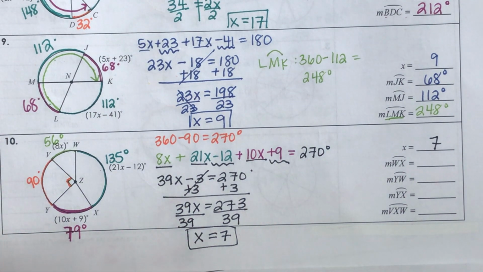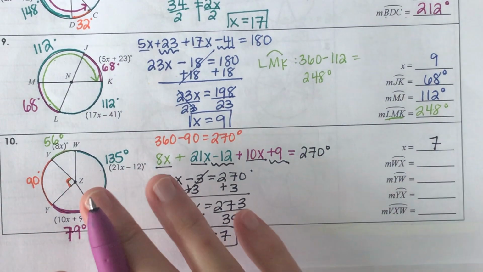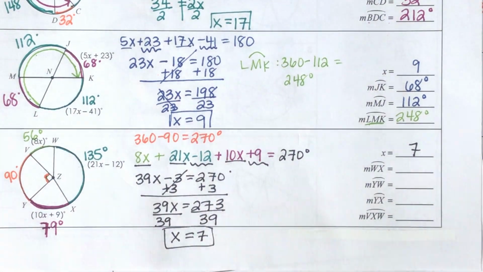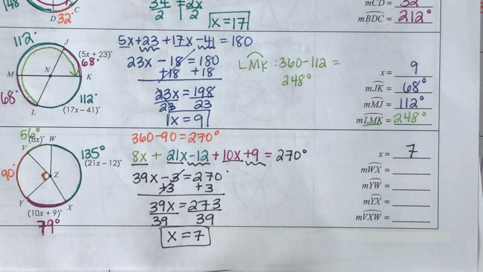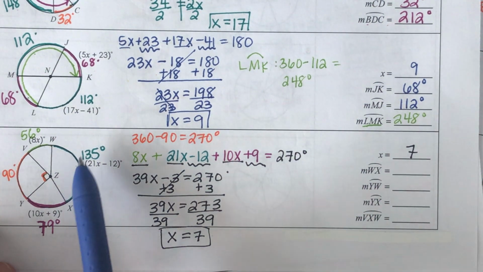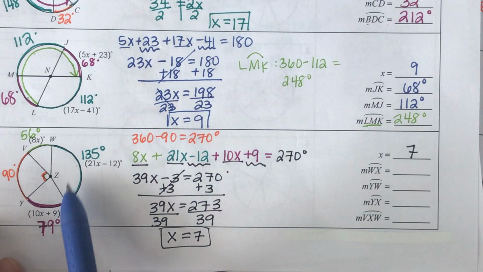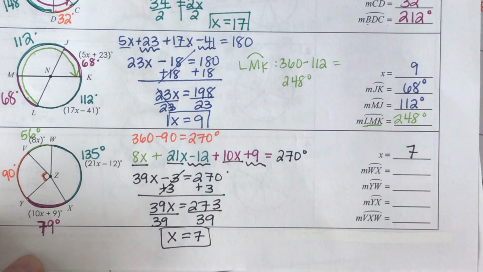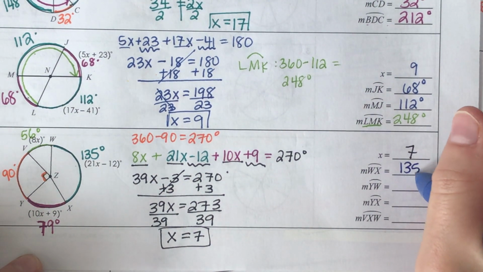Okay, so now I can just take those numbers and I can fill out my little sheet over here on the right, the last part of the questions. Okay, so WX is this piece in blue. I already figured it out. It's 135 degrees.